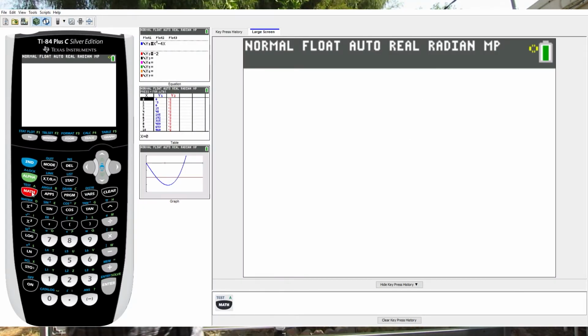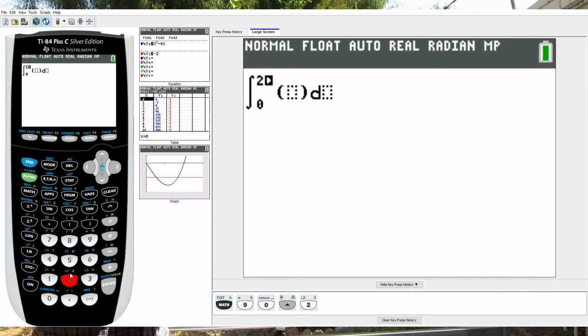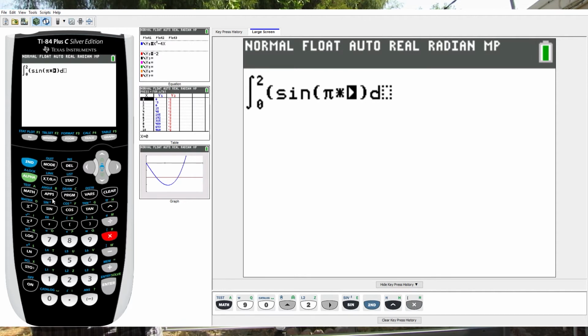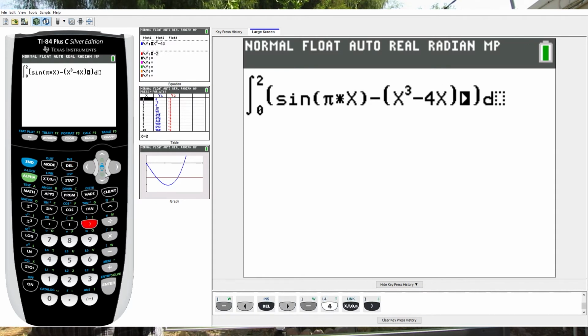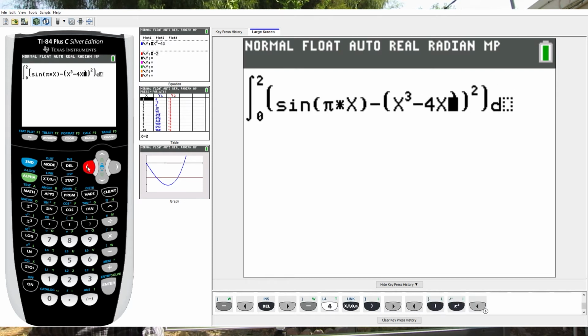So let's do it. We've got a calculator. So I go to Math 9, and I'm doing the integral from 0 to 2 of the quantity sine of pi x minus the quantity x to the third minus 4x. That entire quantity is squared, dx.